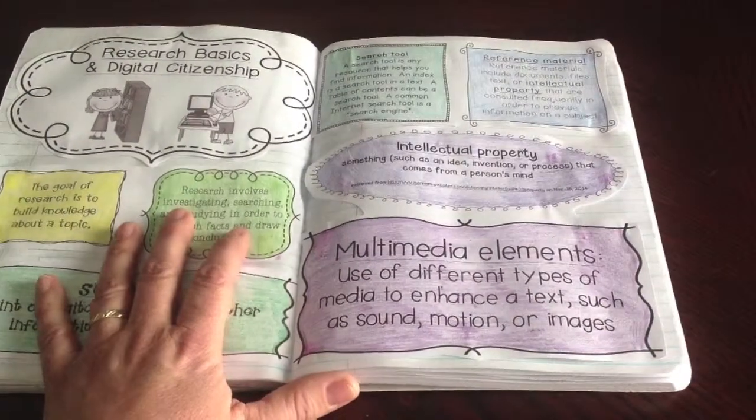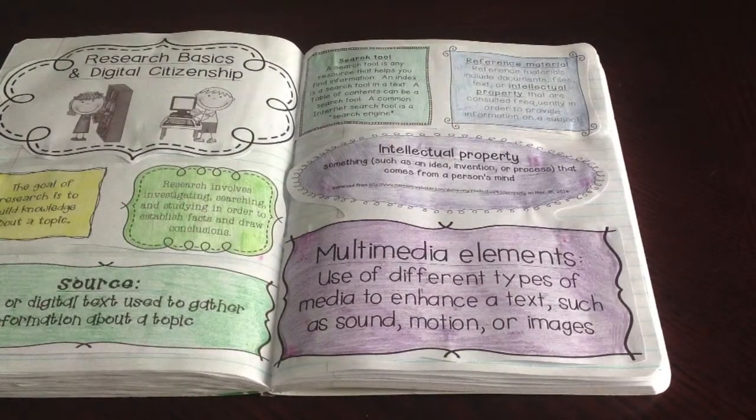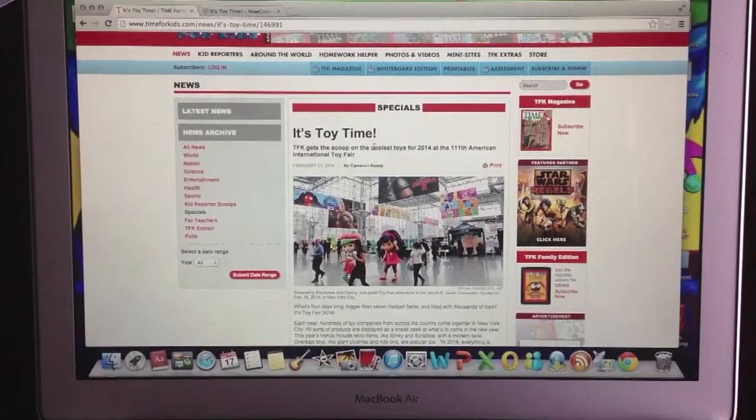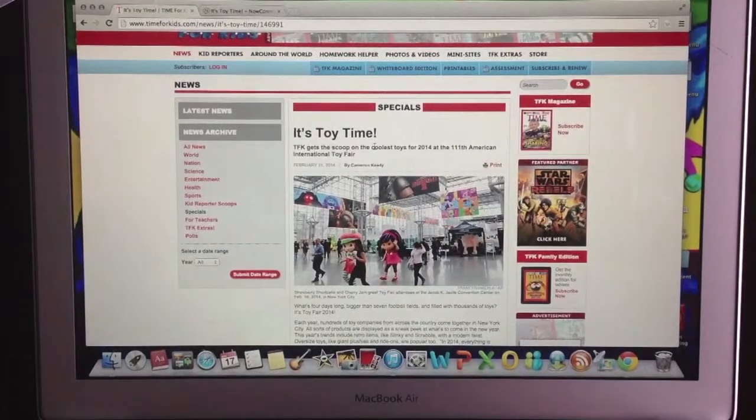Now let's move on to multimedia elements. These are different types of media used to enhance a text, such as sound, motion, or images. This is what we see when we access digital text. Here's an excellent example of a multimedia element that I came across in searching for some great articles.